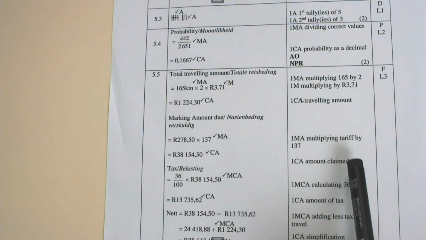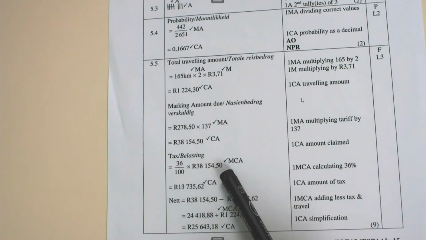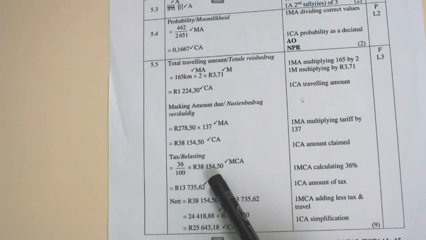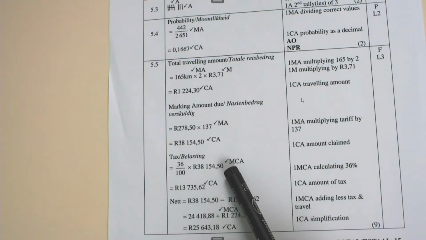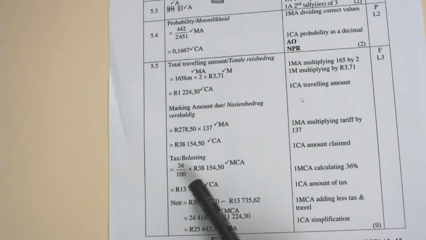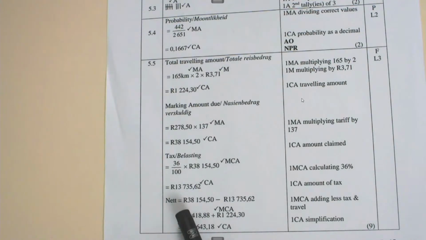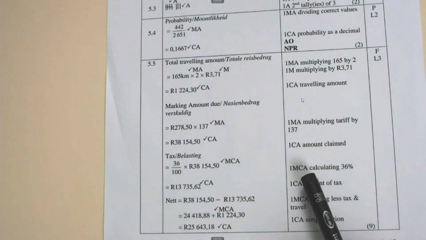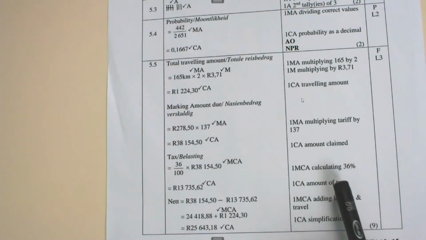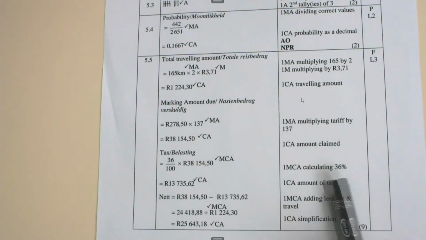It says CA, the amount claimed. Now you go to tax. Tax is 38,154.50 multiplied by 36%, 36 divided by 100. Then the tax amount will be 13,735.62. And then the mark allocation is MCA for calculating 36% and 1 CA for the amount of tax.